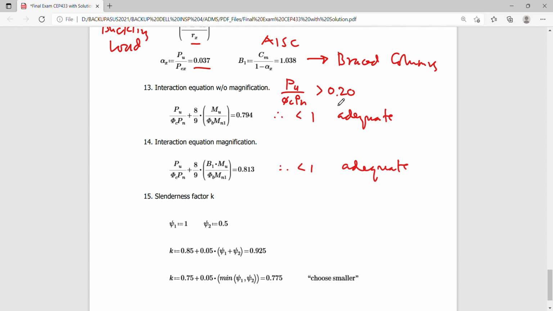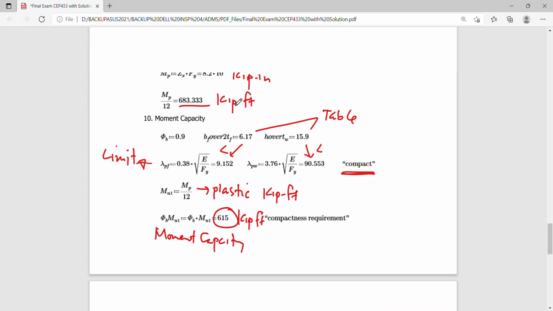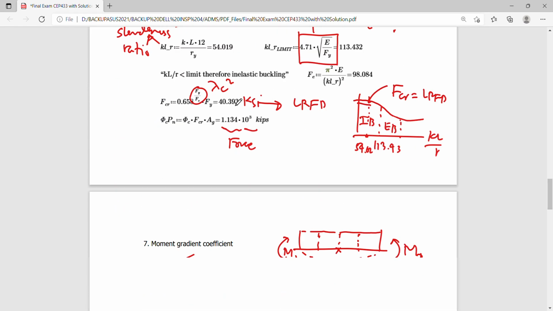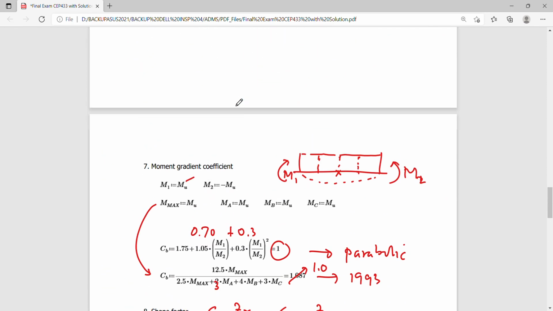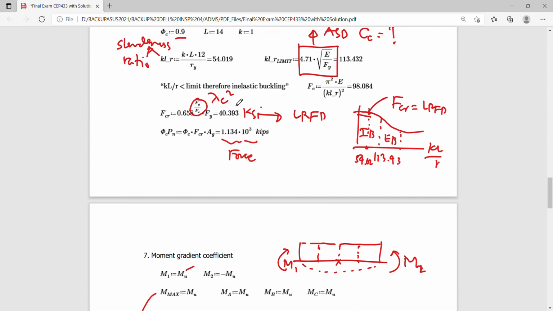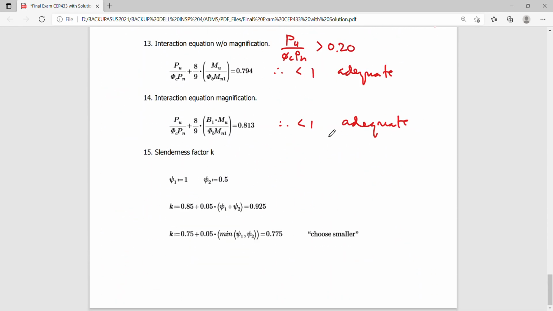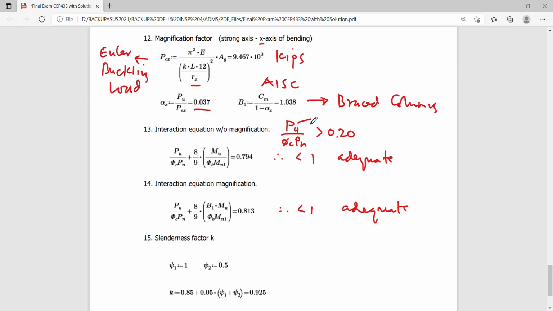But in this case, if you are going to check Pu, which is equivalent to the value of 350, and phi c Pn equivalent to a value of 1134, 350 over 1134 will yield a value greater than 0.20.